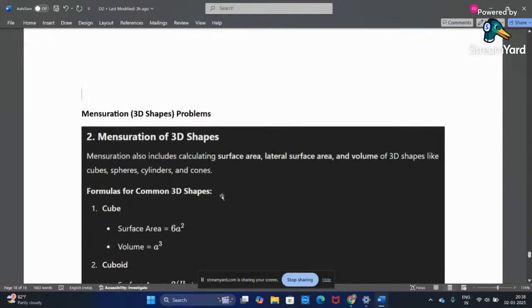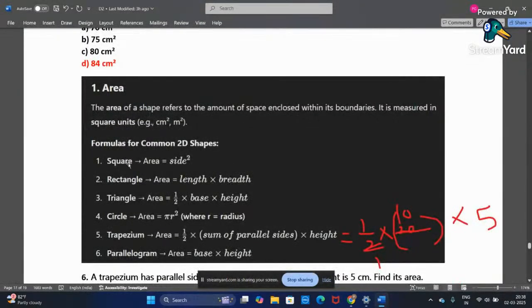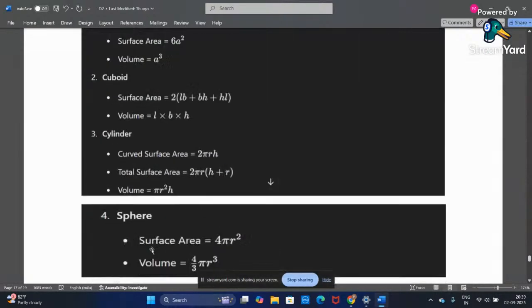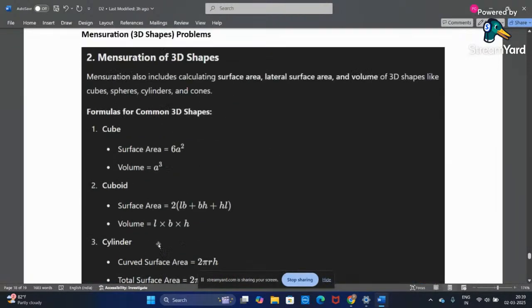These will be 3D shapes, right? And area will be in 2D shapes like square, rectangle, triangle, circle, trapezium, and parallelogram. The first main thing is you need to remember the formulas for area and mensuration.